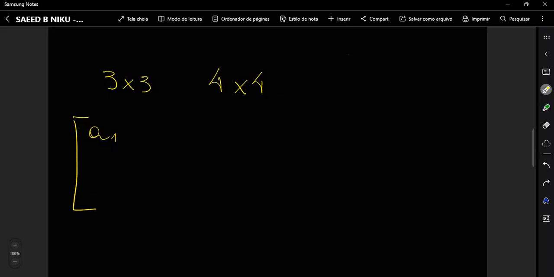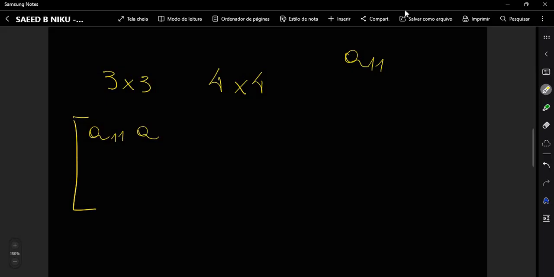So that is the term of a matrix, A11, and that means the first row, and the second number means the first column. So on a 3 by 3 matrix we have in total 9 elements.